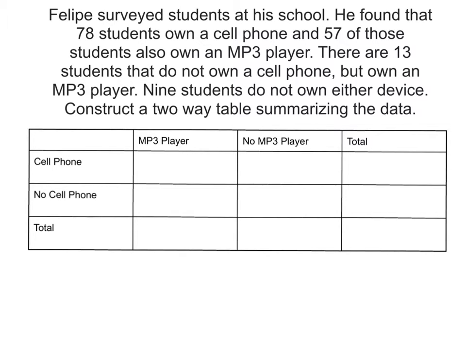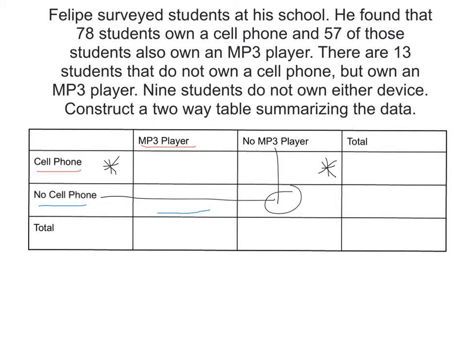So, a two-way frequency table is a way to display this information showing how many students own a cell phone and an MP3 player, or how many students do not own a cell phone and own an MP3 player, or maybe students that own a cell phone but do not own an MP3 player, or maybe they don't own either.